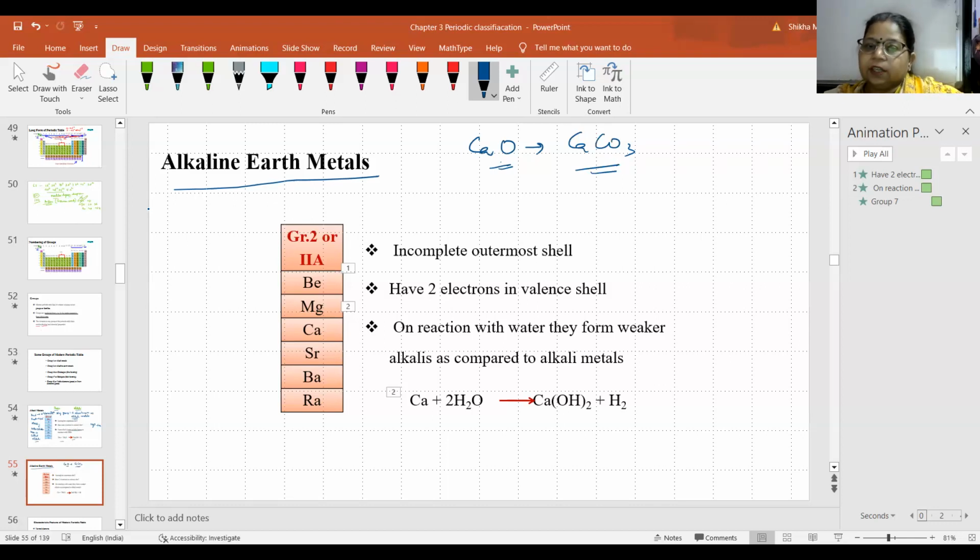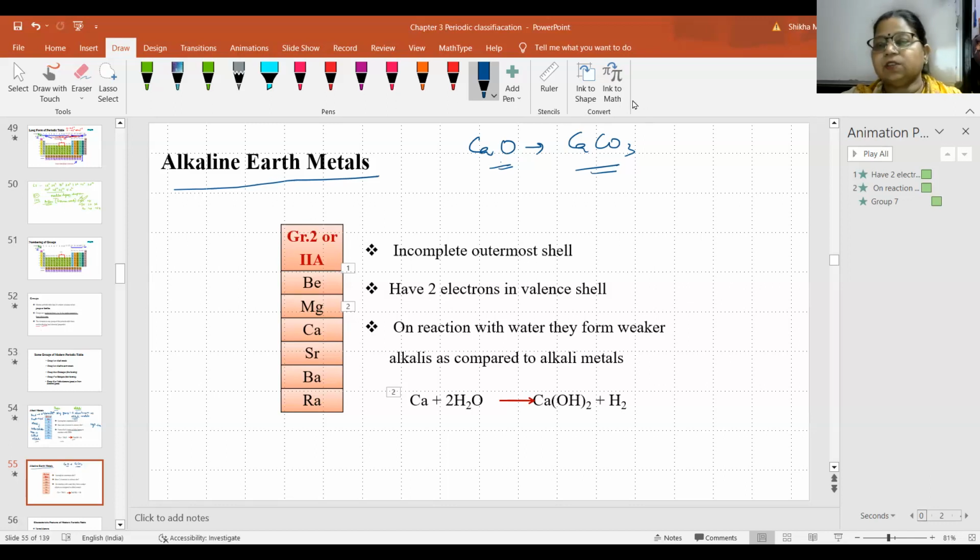Their oxides, carbonates, and other compounds are found in the earth. Calcium oxide and magnesium oxide are found in earth and are basic in nature. More importantly, they are alkaline and soluble in water. Therefore, we gave them the name alkaline earth metals.